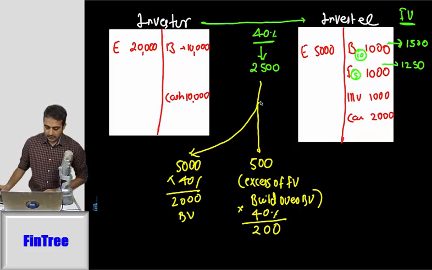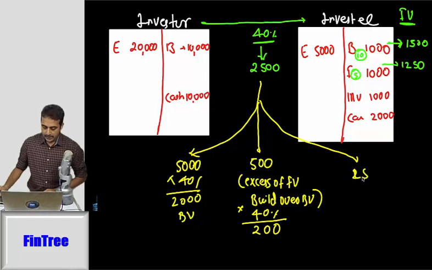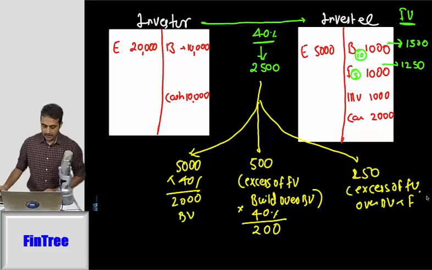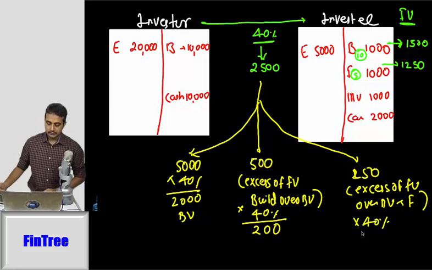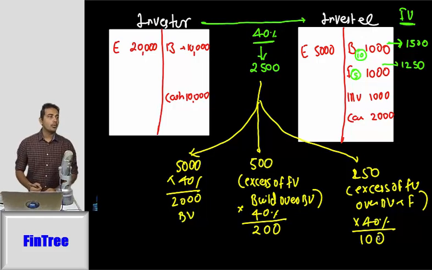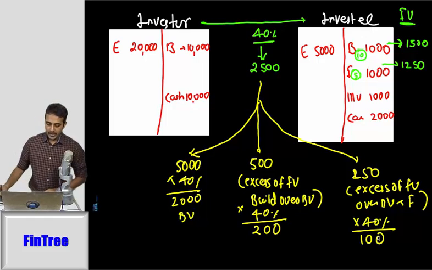Then 250 is the excess of fair value over book value for the furniture. So that 250 into 40%, 100, we paid towards the furniture. And finally, how much are we left with? 200.